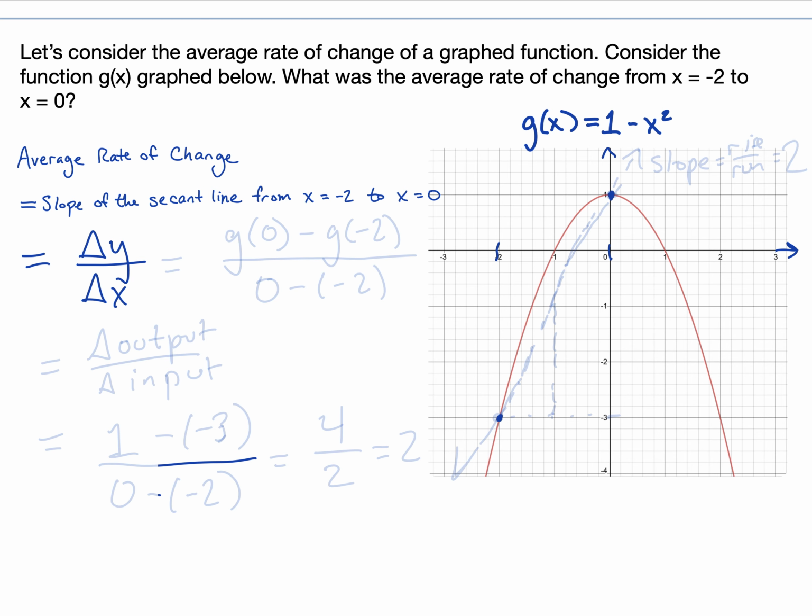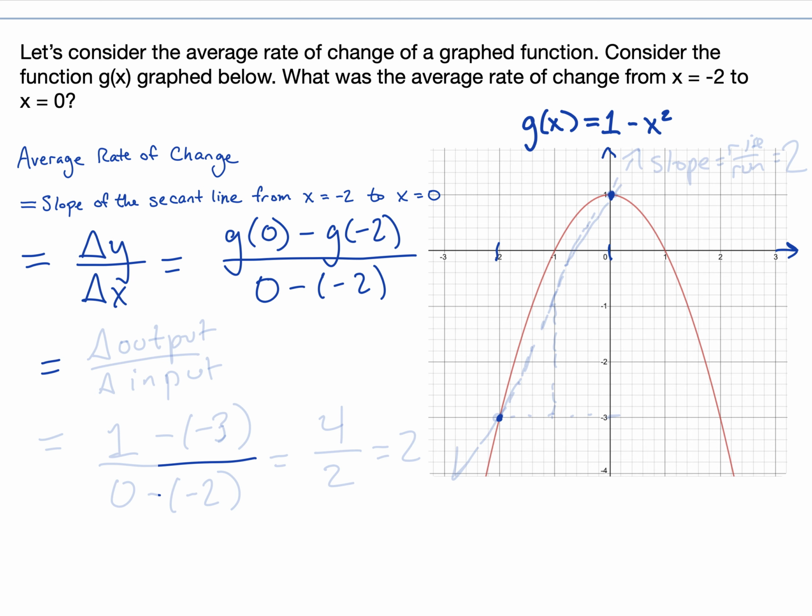But here we just have some object changing in some way. So change in y over change in x. In our case, that would be g of 0 minus g of -2, the change in output divided by the change in input. The input change is 0 minus -2.